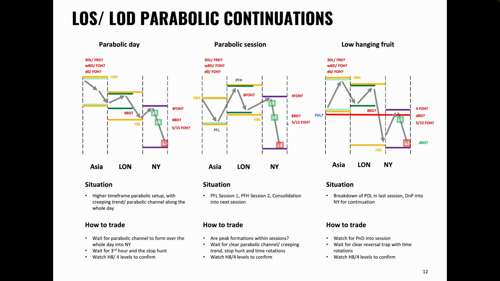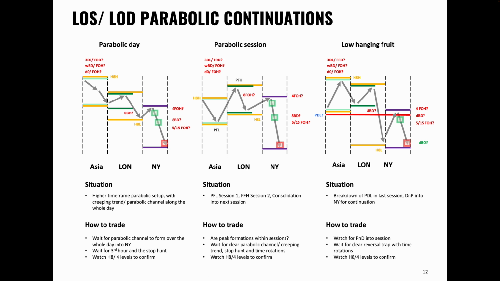Then potentially for a parabolic, not necessarily, but sometimes it's good. If you're not completely sure, you wait for another lower time frame fake out in your favor, 5 or 15 minutes, and then you take the continuation. So really wait for the stop hunt, or at least into the third hour, to take that.